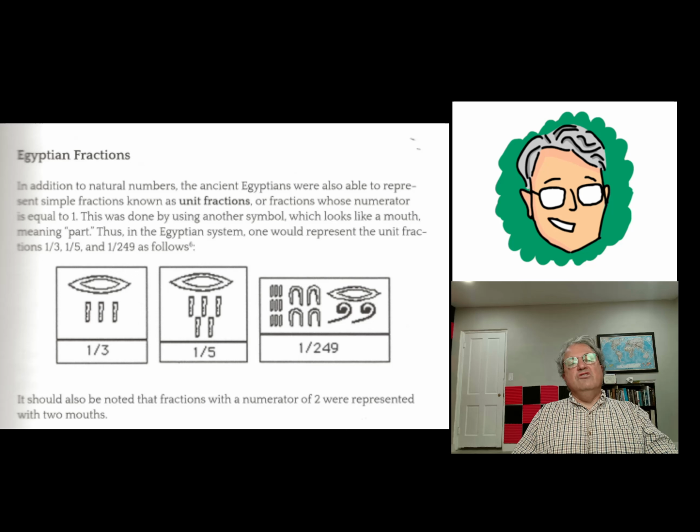Finally, the last one, again, you have the I symbol, this time on the upper right corner. It doesn't really matter where you put it. And then the remaining symbols represent the number 249, 2 coils, 4 horseshoes, and 9 vertical lines. So that's the number 249. So this is a fraction, it's 1 over 249. So that's Egyptian numbers and Egyptian fractions.